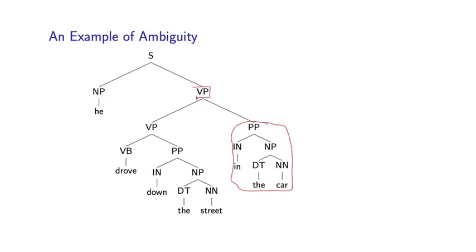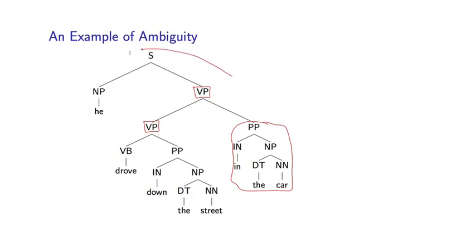And in particular, we have a rule VP goes to VP prepositional phrase. So basically, there is some ambiguity about whether this prepositional phrase is seen high in the tree, attaching to this VP, or if it's seen lower in the tree, attaching to the noun phrase down here. And that actually corresponds to two different possible interpretations of this sentence.